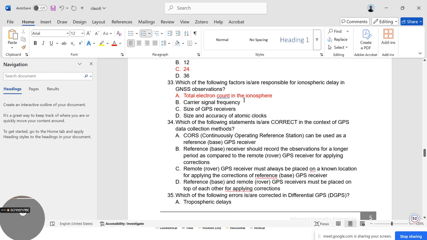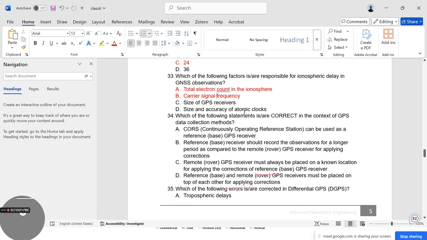Another thing is the carrier frequency is also important. If you have a single carrier, then it will introduce a lot of ionospheric delay. But if you have a dual frequency receiver, it will reduce the ionospheric delay. So those two are correct. Size of GPS receiver will not affect, and size and accuracy of atomic clock will also not affect here.